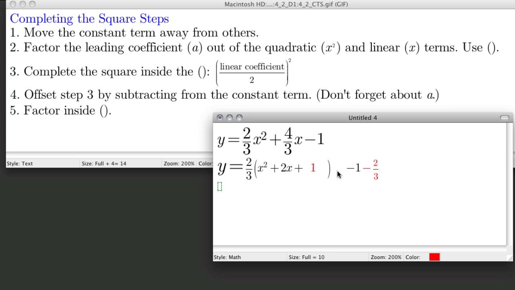So now I think I have two-thirds times the parentheses, which now factors into x plus 1 squared, and a negative 1 and a negative 2/3 is a negative 5/3.